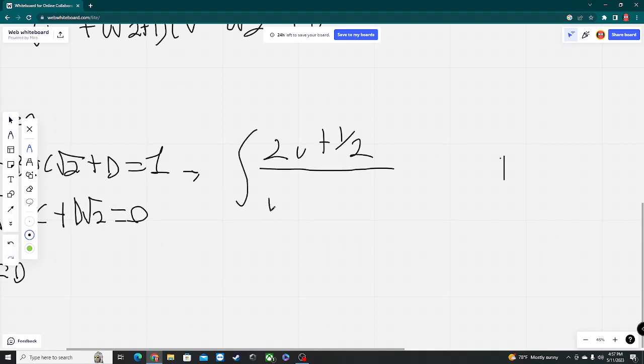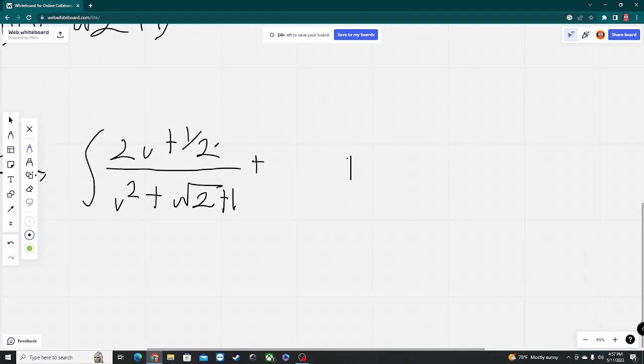Now we have our u squared plus our u square root 2 plus 1. Don't forget that. So now we're really in partial fraction here, just the very default form. But obviously it is in terms of u though.